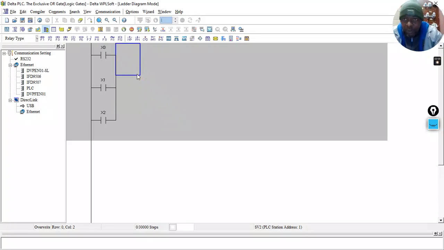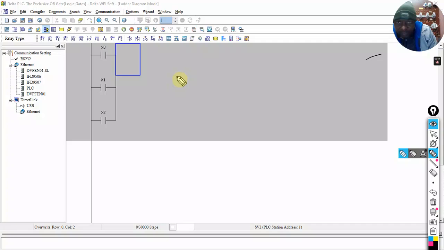Right, now what is an inclusive OR? Let's look at our OR gate. I want the pen, I forgot where my pen was. Our OR gate is given by, let's say, that's why I prefer to call it AB, because I want our OR gate to have an output.